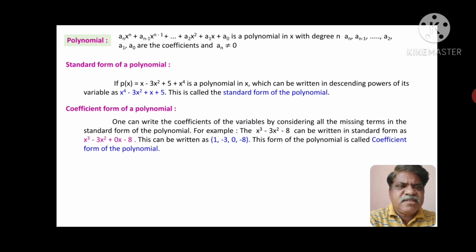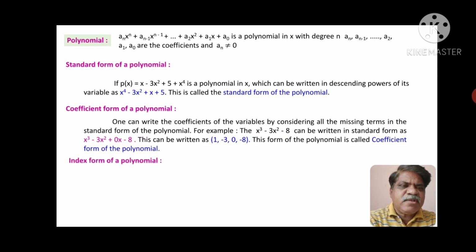In the previous one, x^3 - 3x^2 - 8, the x term was not there, therefore you can write 0x for that. This can be written as the coefficient form, here in the brackets 1, -3, 0 and -8. This form of the polynomial is nothing but the coefficient form of the polynomial.